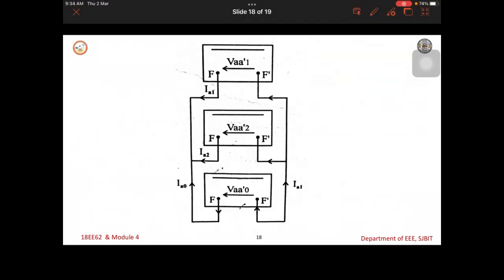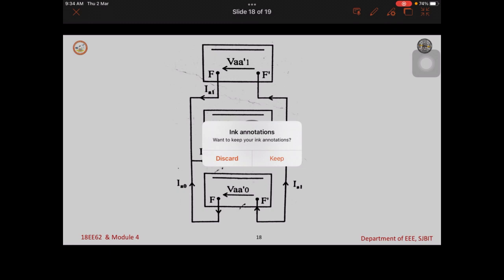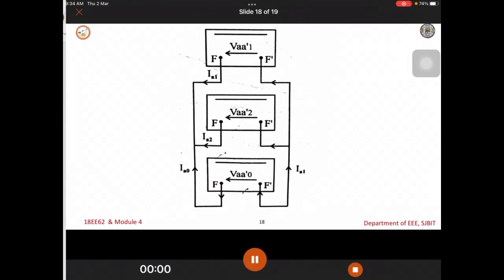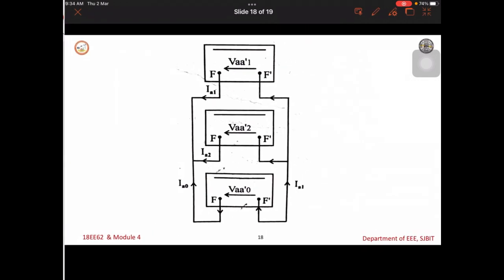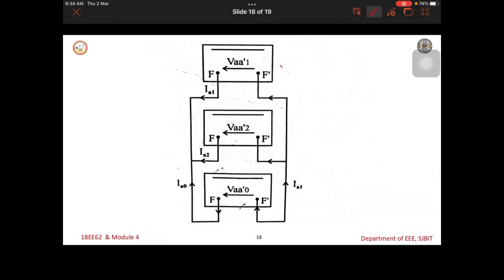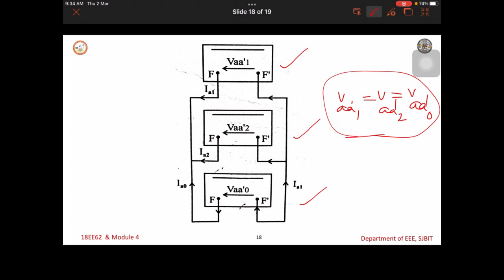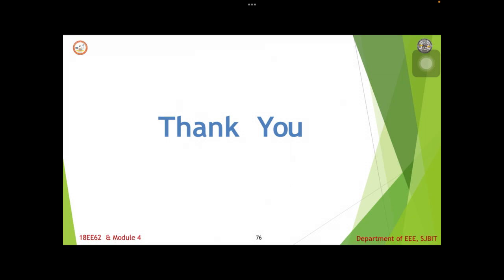Here, positive sequence network, negative sequence network and zero sequence network are connected in parallel, because VAA dash 1 is equal to VAA dash 2, which is equal to VAA dash 0. So they are connected in parallel. So with this I will be ending this video.